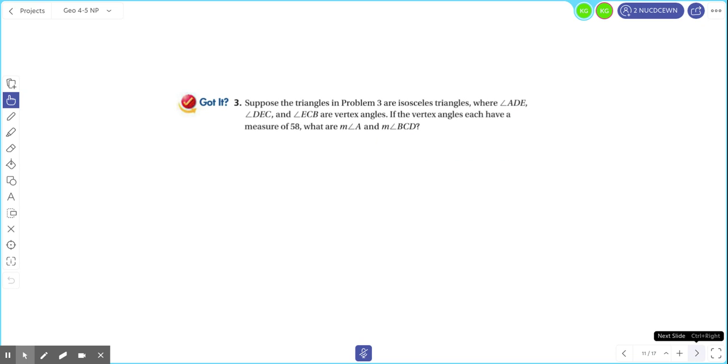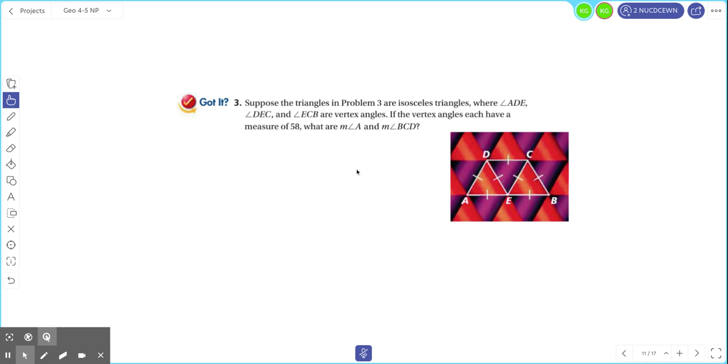The next question here is, suppose the triangles in problem 3 are isosceles triangles where ADE, oh, we better get that picture in here for you guys. Let me grab that really quick. Okay, here we go. So suppose the triangles in problem 3 are isosceles triangles where angle ADE, angle DEC, and angle CEB are vertex angles, which means you're going to have to figure out, if you know the vertex, which sides are the legs, and the side that is not one of the legs will be the base.